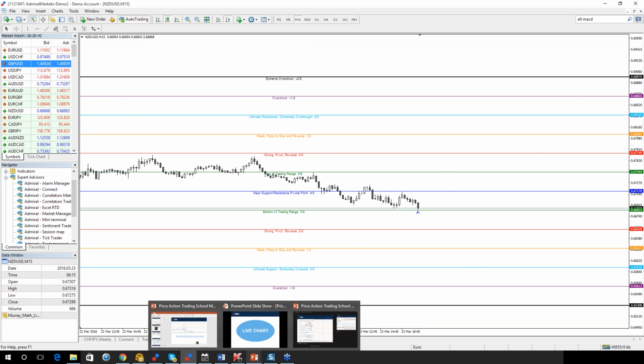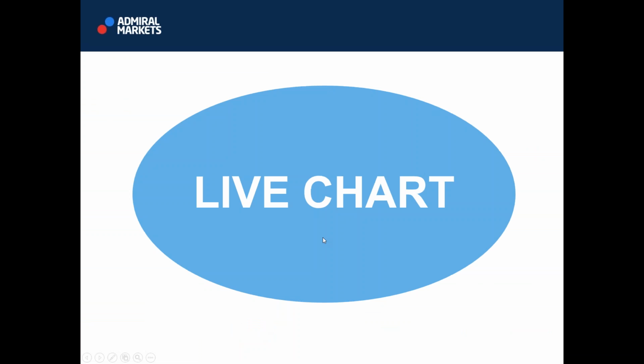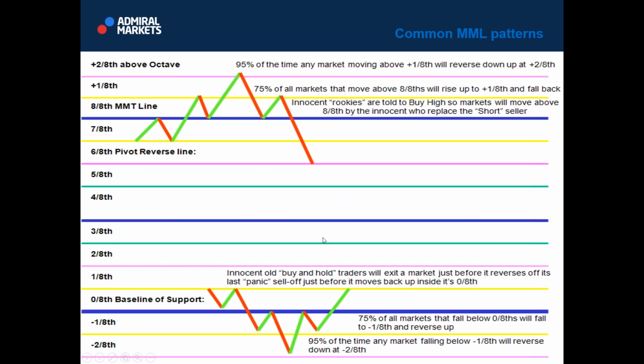Okay, so this is how it looks. Now this is what common MM patterns are. If it goes above 7/8 towards 8/8, 1/8, 2/8, there is a chance that the market will reverse at these prices.